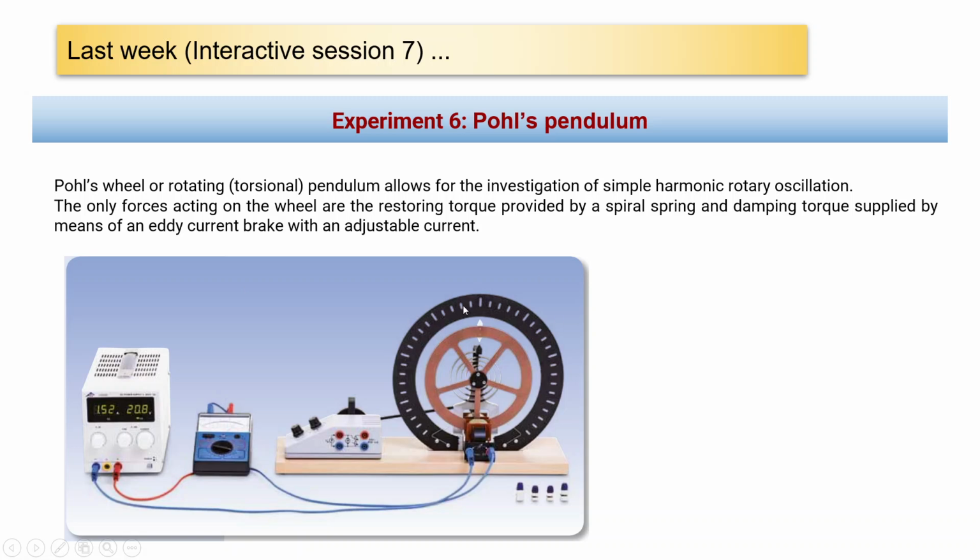We also understood how this works based on the eddy current, and how we can calculate damping constant, time period and other things by performing this experiment. So this was all what we discussed last week.